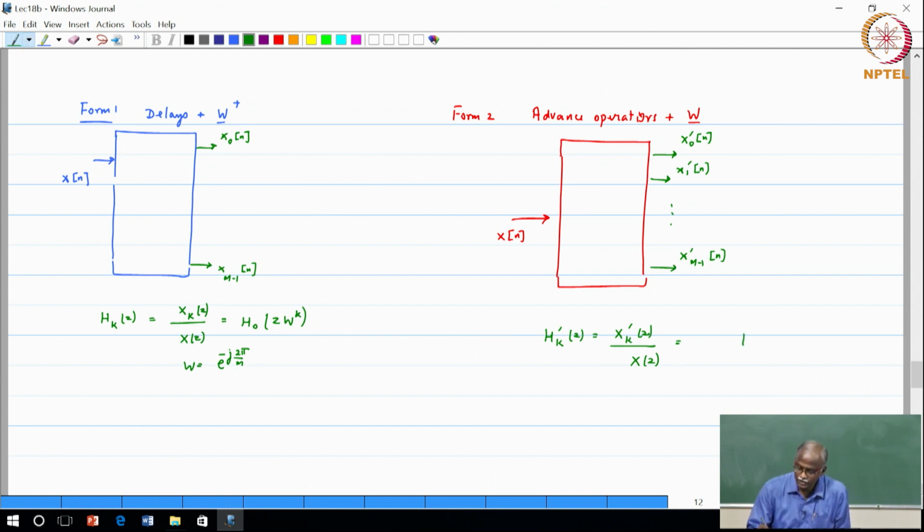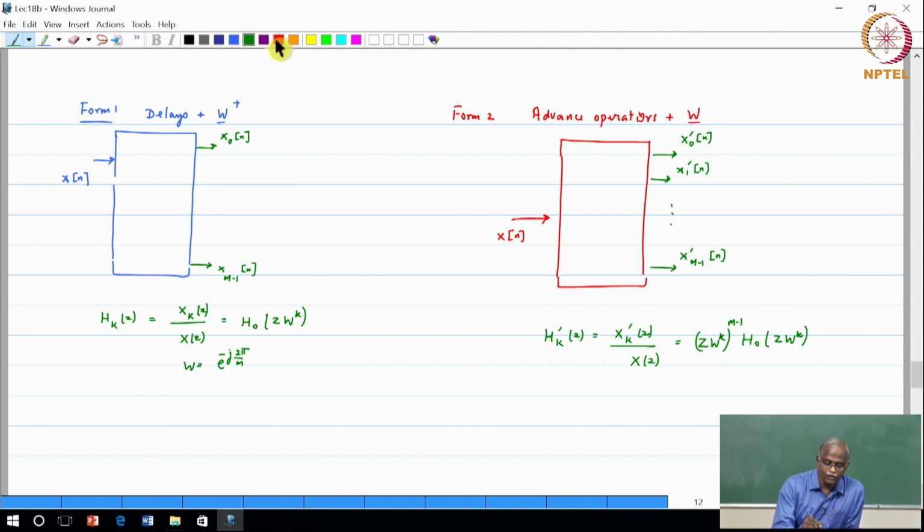It is H naught of z W^k, with z W^k raised to the power of m minus 1, and you can look at the expressions and derive that.